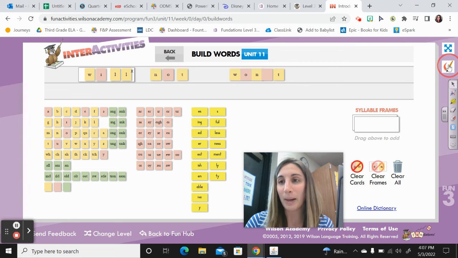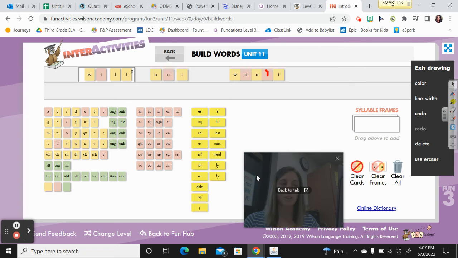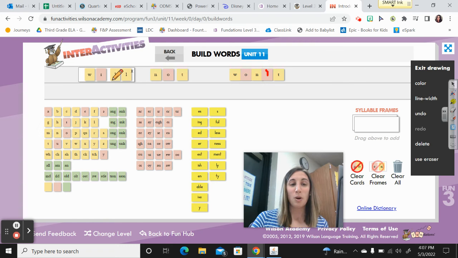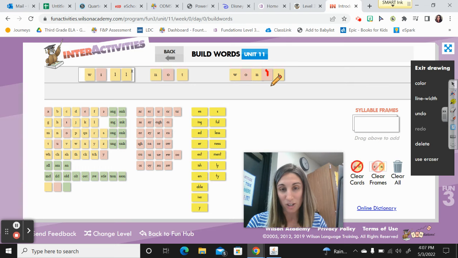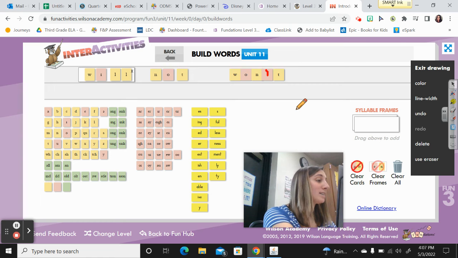So let me get my pen out because really we don't mark contractions. There's not a lot of marking points for contractions. You just have to know the two original words and then the contraction. Okay, so you will not have to mark these on your Unit 11 test. In fact, I can double check right now.